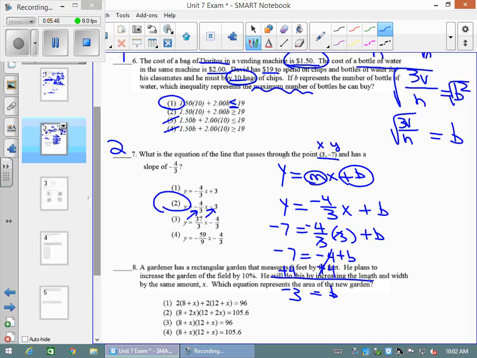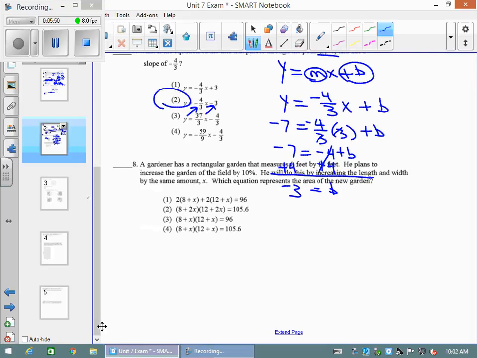So therefore, the correct equation should be choice 2, where the y-intercept is negative 3 and the slope is negative 4/3. Taking a look at the next question, a rectangular garden measures 8 feet by 12 feet. We're increasing the area of the garden by 10%. You will do this by increasing the length and the width by the same amount. Okay. So we know that the area so far is 12 times 8, which is 96.